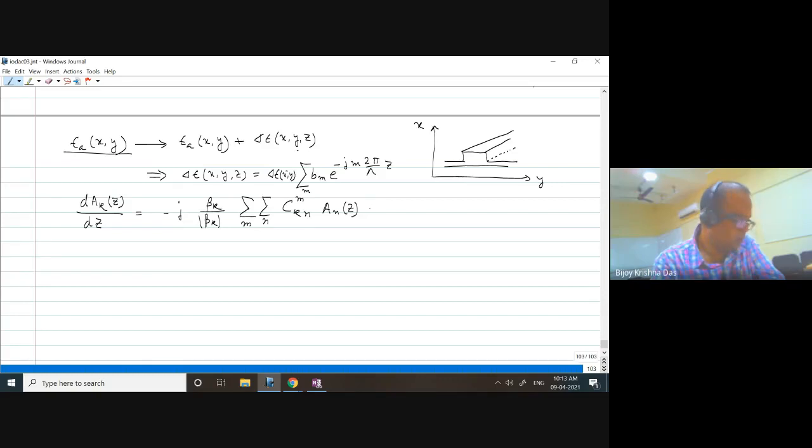And then you have e to the power j beta k minus beta n minus m 2 pi by lambda times z. So this is what we have derived.